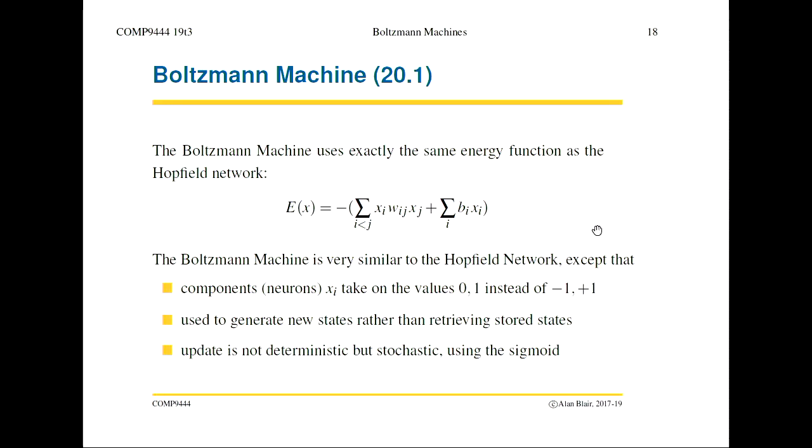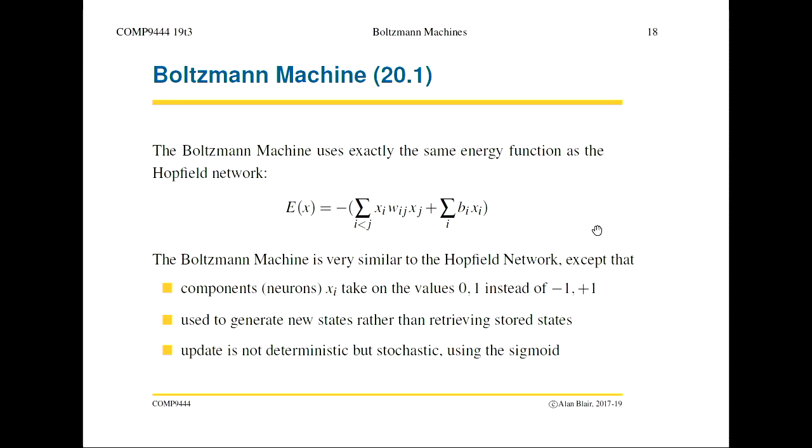We have these weights Wij, and we assume that Wij and Wji are equal, so instead of having the full sum with a half, we just sum over i less than j. Without the half, it gives us the same answer. So the form of the equation is exactly the same, but now instead of taking on the values of -1 and 1, we instead take on values of 0 and 1.